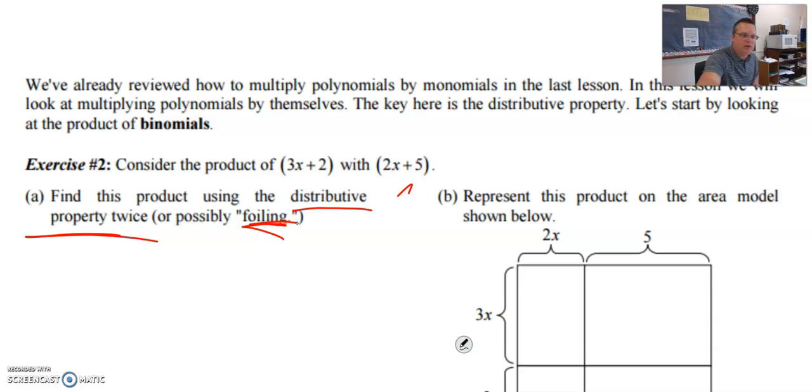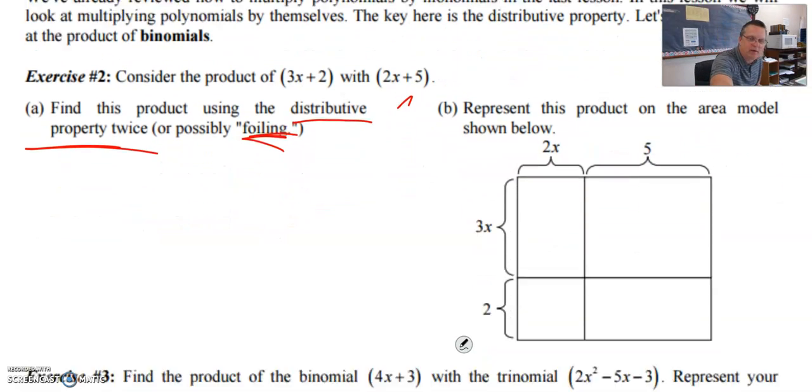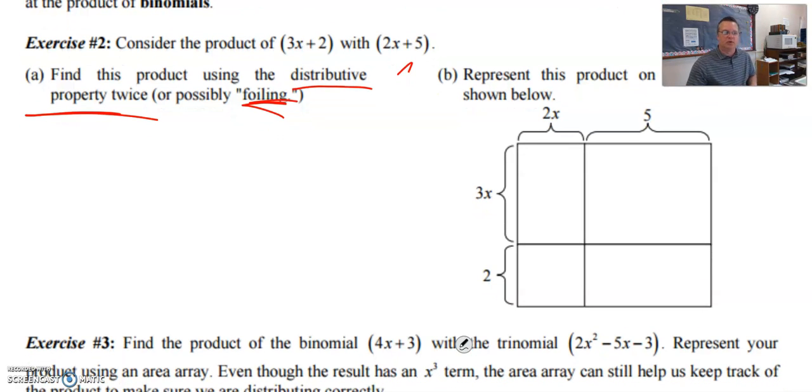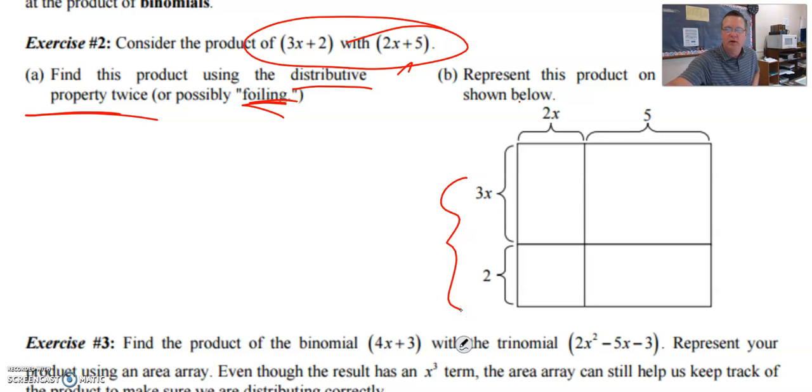You probably saw the box method, which is what we would call it if we're trying to multiply two polynomials together. With the regular distribution property, if you had a monomial, you just send it through. So you have your 3x plus 2 here and your 2x plus 5 at the top. It doesn't matter which one goes on the top and which on the side, so that way you are multiplying everything together once.